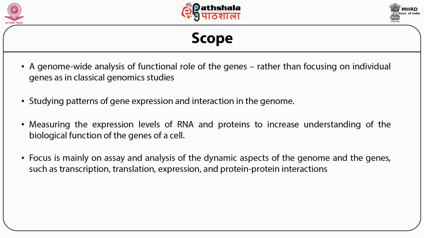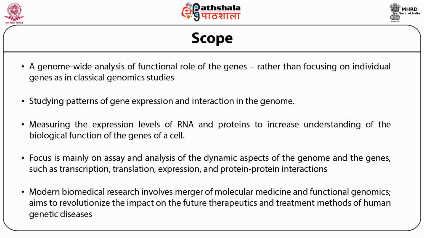It aims to assay and analyze the dynamic aspects of genome and the genes, such as transcription, translation, and protein-protein interactions. Modern biomedical research involves a merger of molecular medicine and functional genomics with an aim to revolutionize the impact of future therapeutics and treatment methods of human genetic diseases.